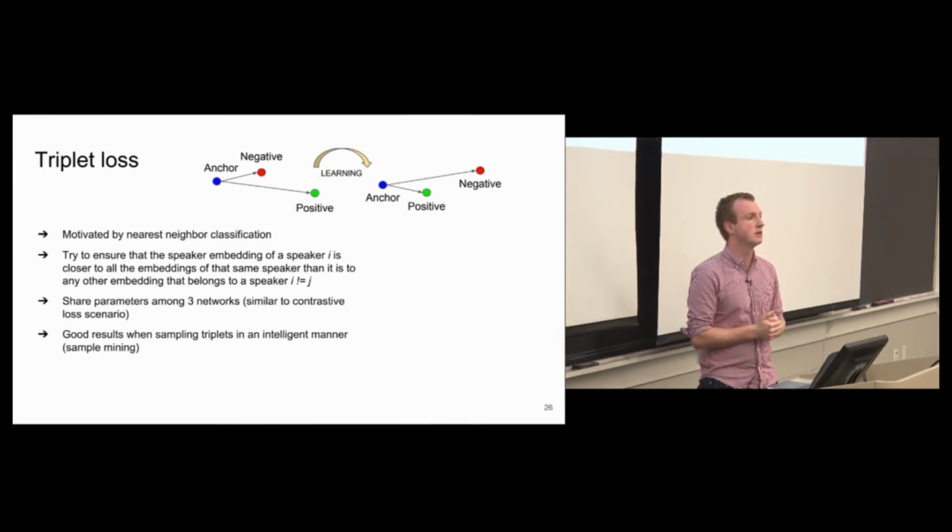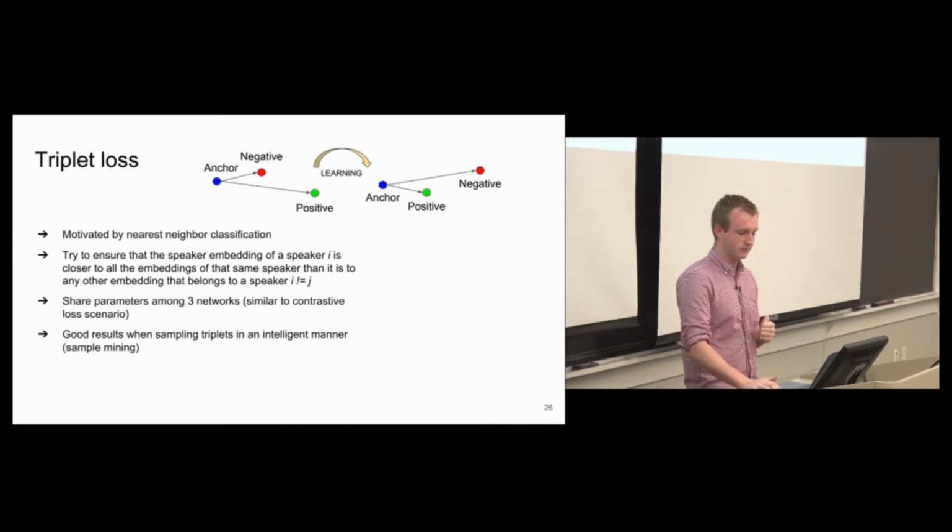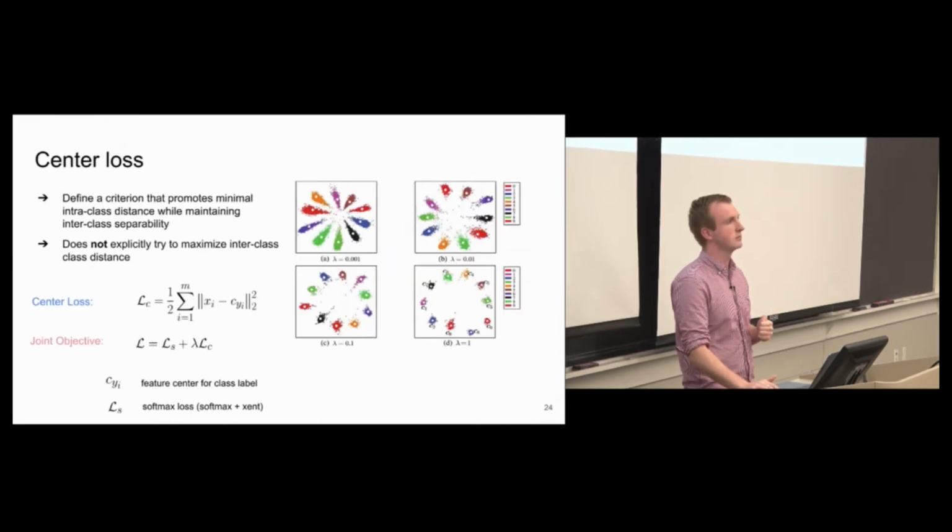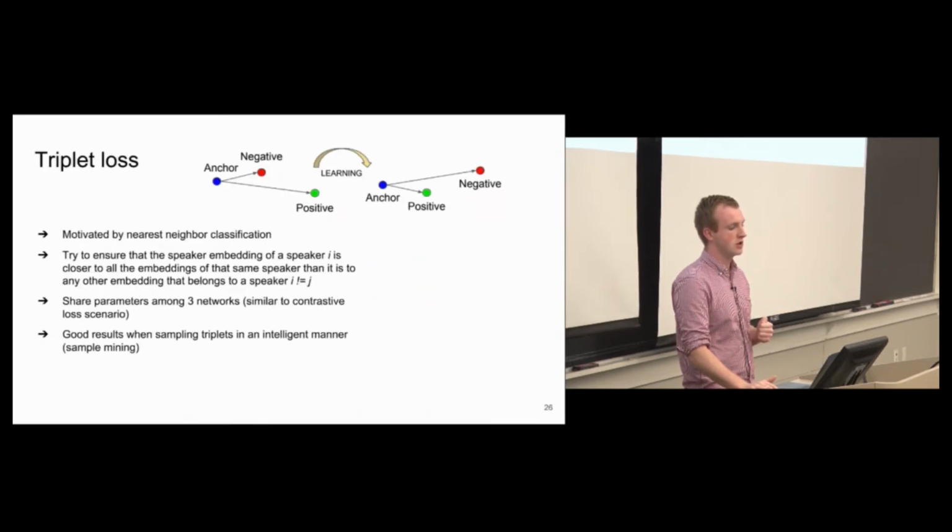What's the difference between this and center loss? Center loss feels like it's trying to move the centers together, a kind of similar idea. You're trying to move them away, yes, but center loss is still a very similar idea.